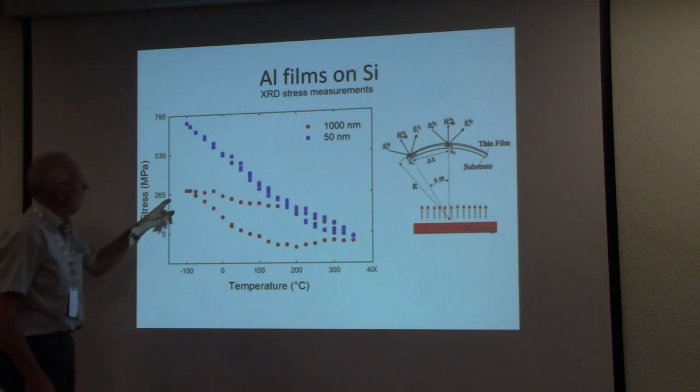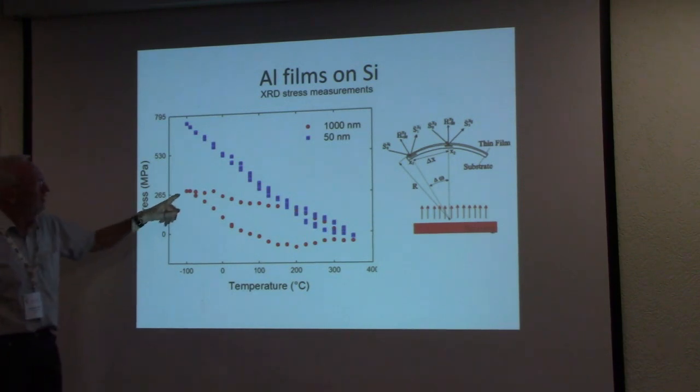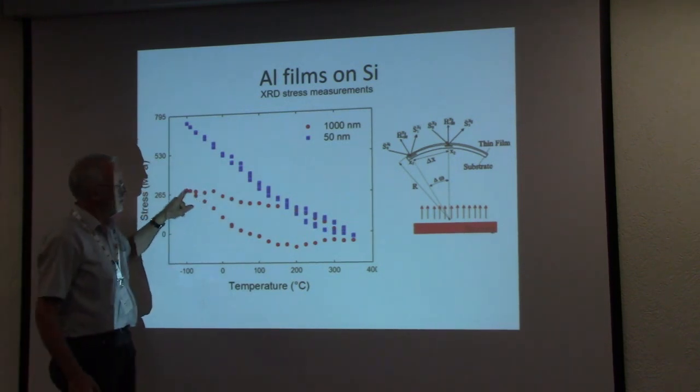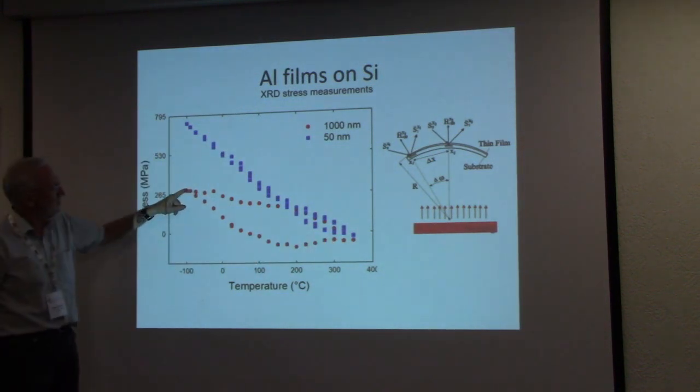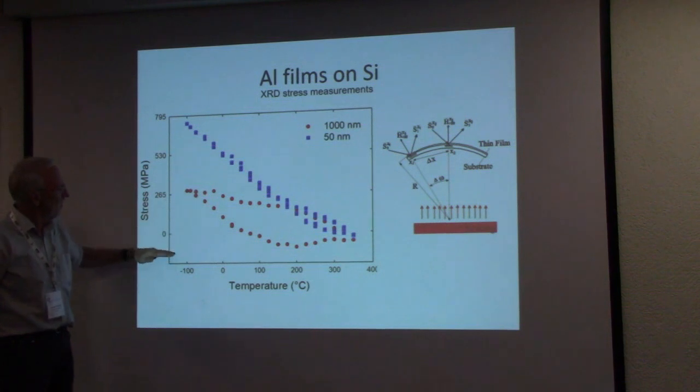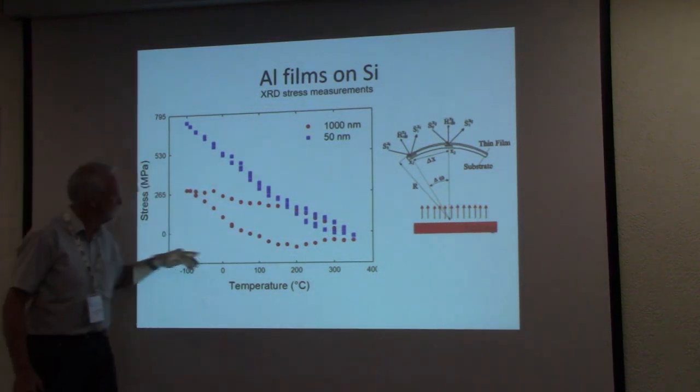But when you have a 1 micron film, a really enormous hysteresis develops during this heating process. You can clearly see this is more or less the yield stress.